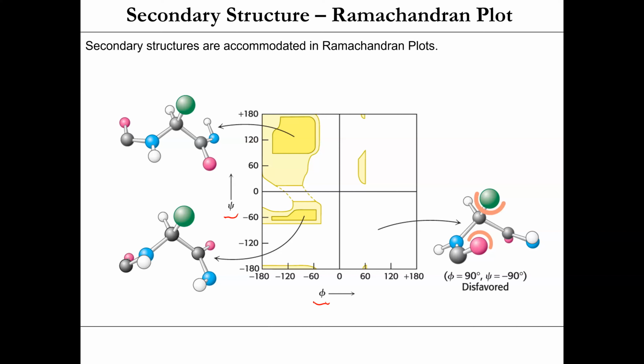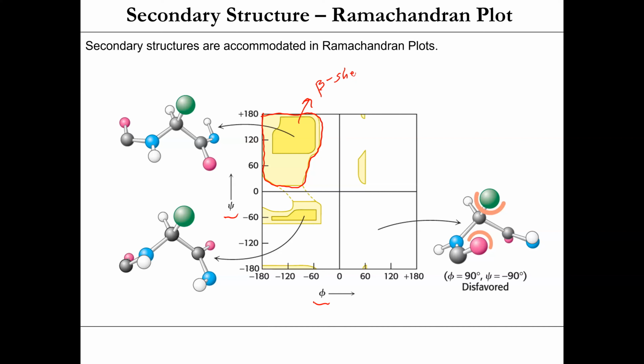And of course, not a big surprise, you can see that this region right here, which is very conformationally acceptable within the Ramachandran plot, where a lot of these angles are found, is what forms beta sheets.